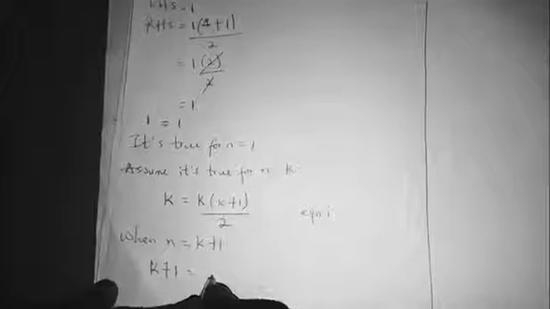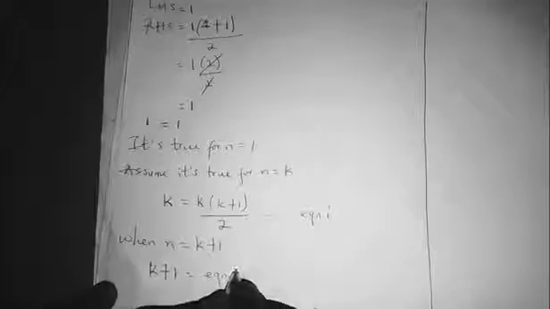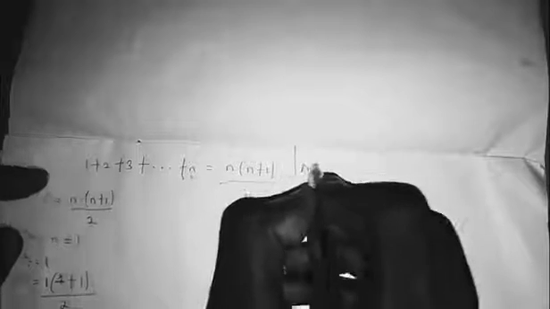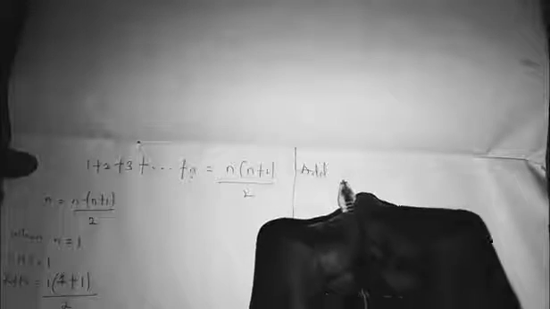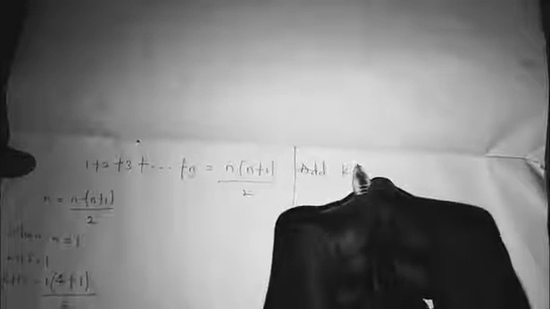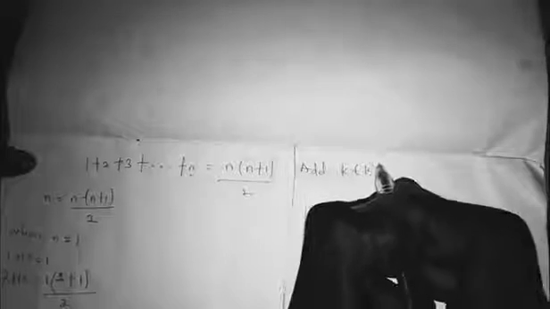So let's call this one equation 2. So now you have to add k open bracket k plus 1 all over 2 to equation 2.